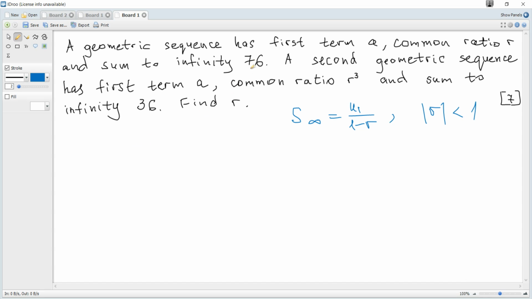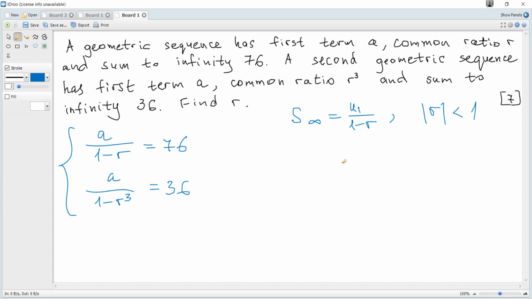Hence, 76 is a over 1 minus r, and 36 is a over 1 minus r cubed. We get simultaneous equations, and we can see that if we divide both sides, a cancels.